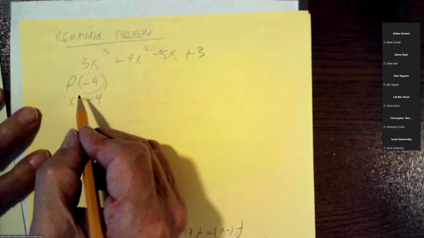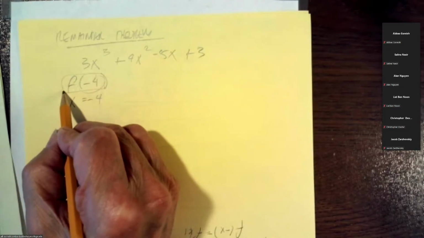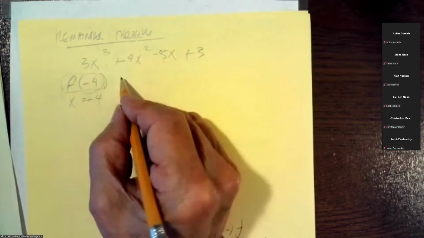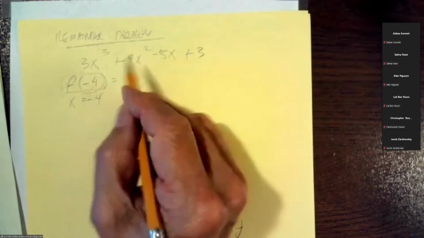So if I'm asked to find f at -4, I could just substitute, couldn't I? I could say f at -4, that's evaluating this at -4.